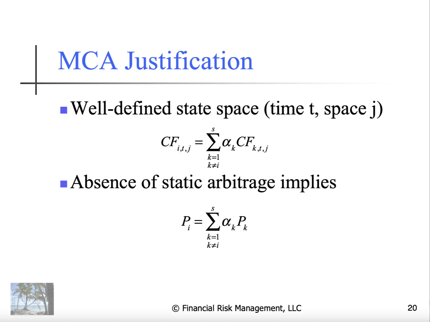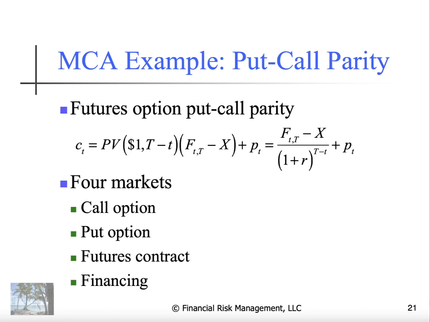The justification: we assume a well-defined state space that we discussed before. If, in fact, every single cash flow can be replicated by some investment in a set of other instruments in the absence of static arbitrage, that requires the current price of instrument i to equal the sum of the proportion invested in each of the other individual securities.